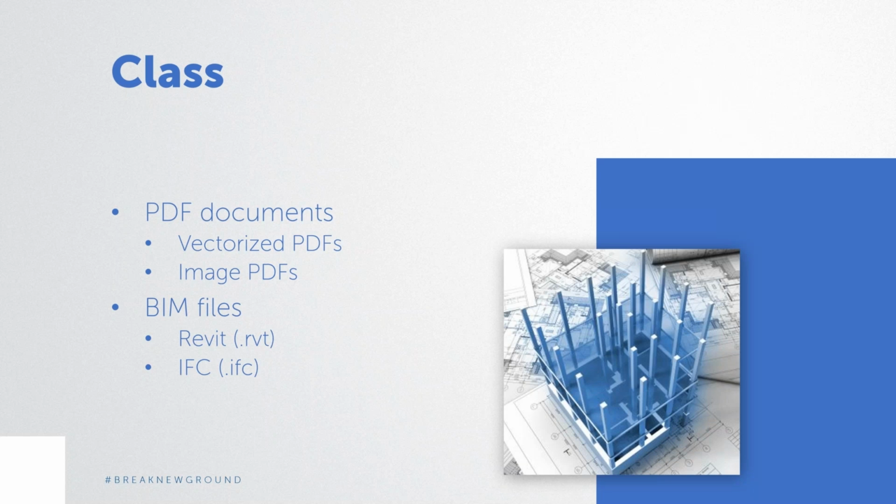But there's also a situation where it's a scanned document: somebody scanned a paper plan and saved it into a PDF. That's more of an image PDF, not a vectorized PDF. So we'll talk about those two options for a little while.